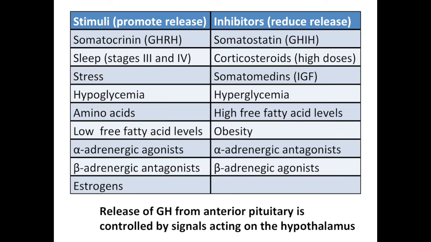So this table shows you what stimulates and inhibits growth hormone release. Growth hormone releasing hormone is also known as somatocrinin, and that will stimulate growth hormone production. It has a circadian rhythm, and its highest release is during sleep, and particularly deep sleep.